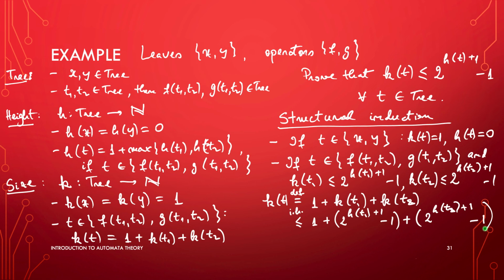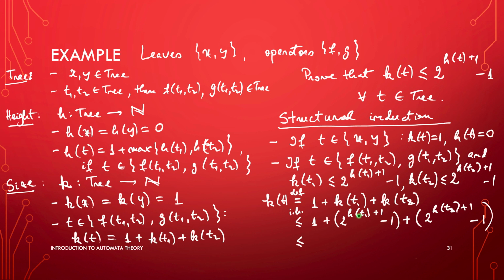What I'm going to do next is say, look, instead of h of T1 and instead of h of T2, I'm going to put the maximum between them. So I'm going from a value to another value which is larger than or equal to. So this is smaller than or equal to: this 1 and this minus 1 cancel, so I will have this term and minus 1.